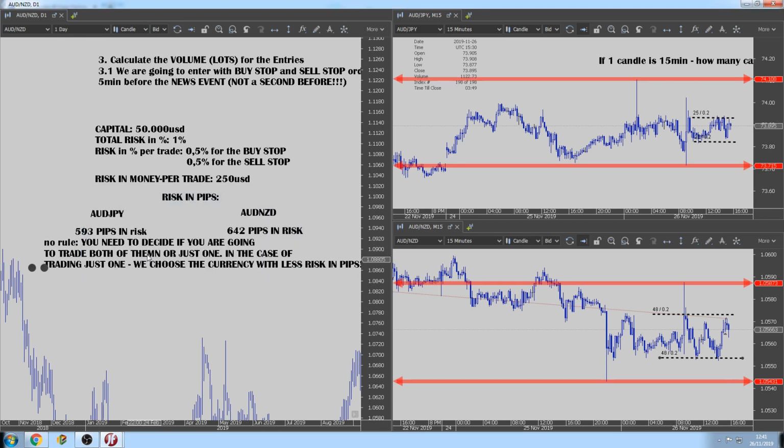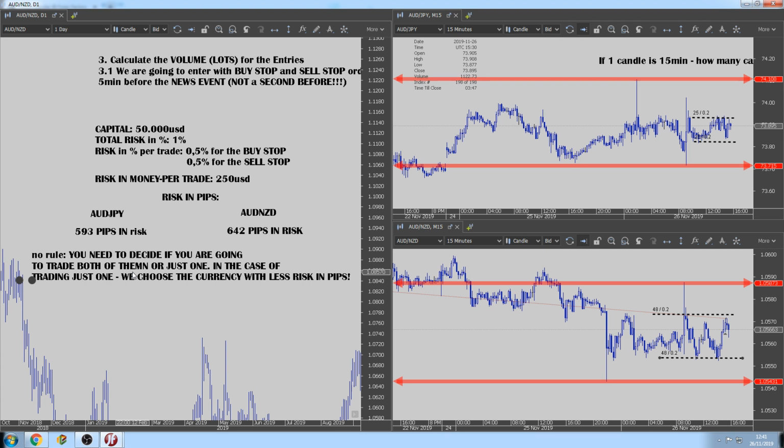Okay, this is the next stage. There is no rule, so if this would be the case, everybody, we are going to risk 593 pips on AUDJPY with 1%, and we are going to risk 642 pips on AUDNZD with 1%. If this happens, you need to decide if you are going to trade both of them or just one.